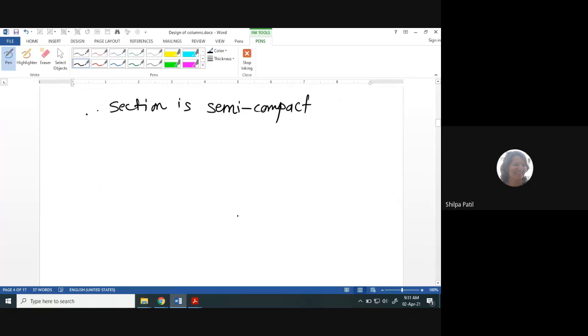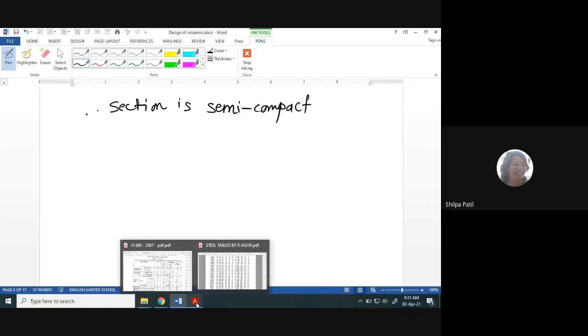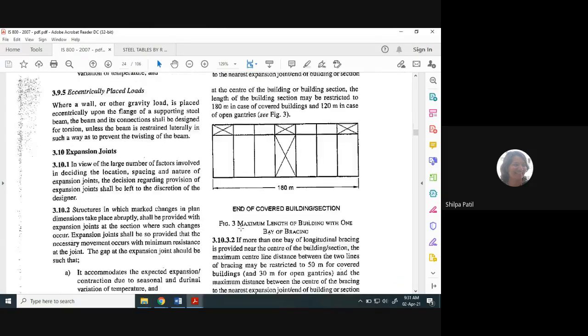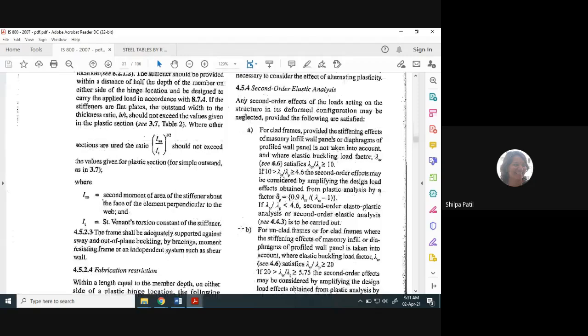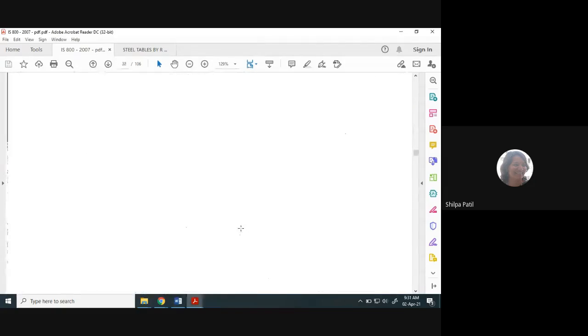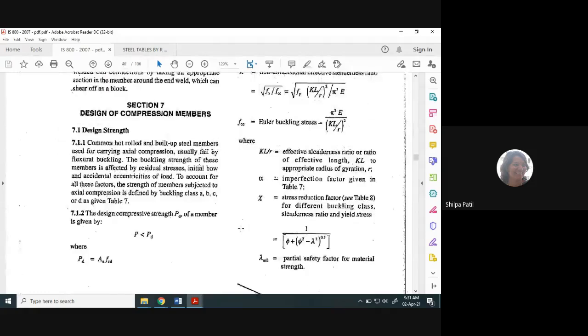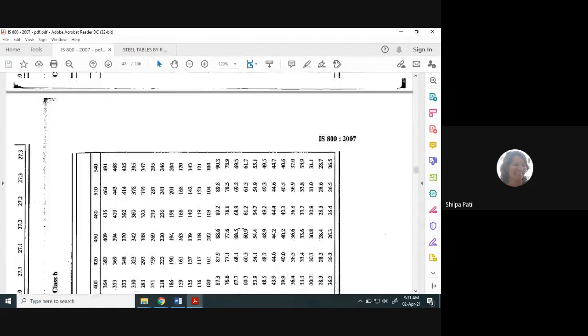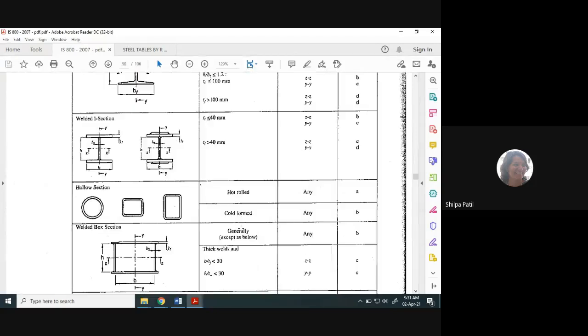Now, the same section we can use further as a column. Similarly, as we have calculated the class of the section, one more class we need to find out, that is the buckling class. So let us find out that first and then we'll go to the slenderness ratio. For finding the buckling class, we have to refer to table number 9.